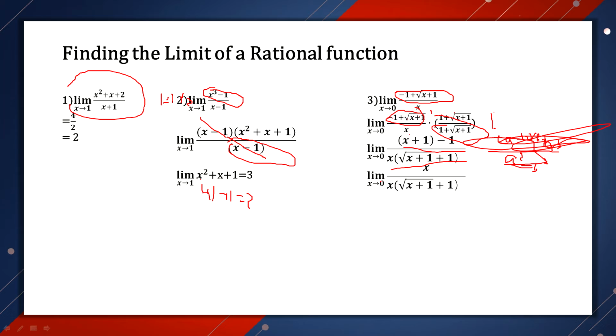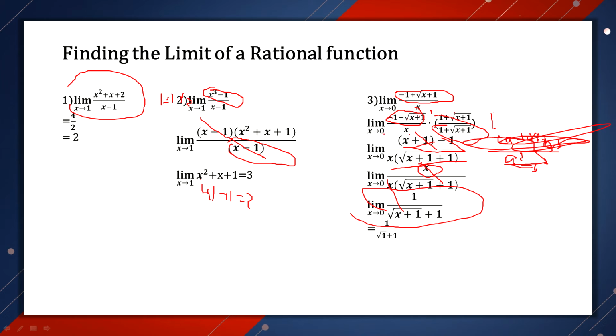And in the next step, plus 1 cancelled, because there's minus 1. So here is only x, and the denominator keeps the same. And in the next step, we cancel the x, so it only has this value.